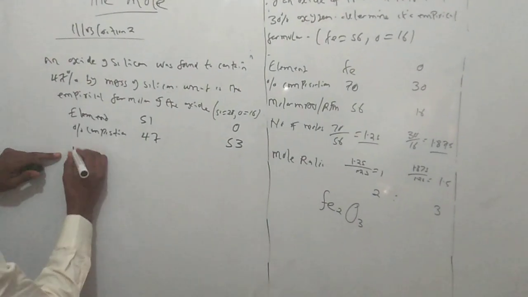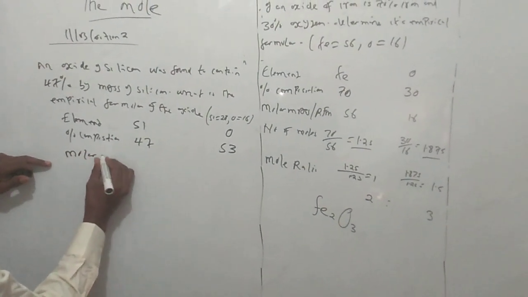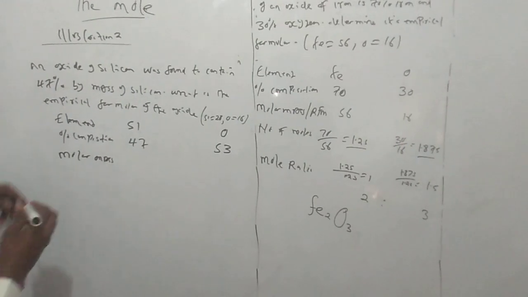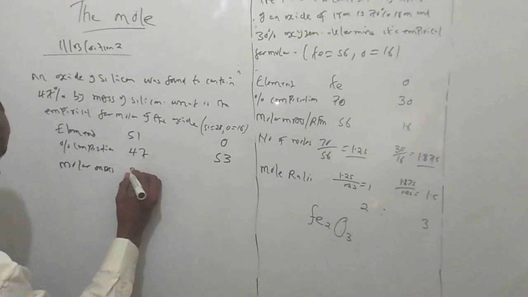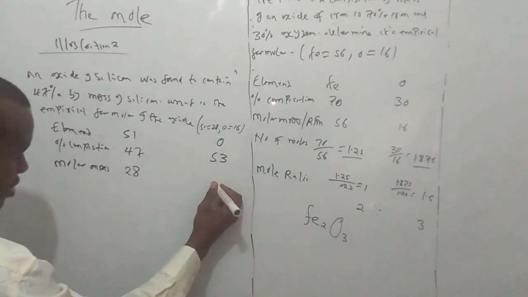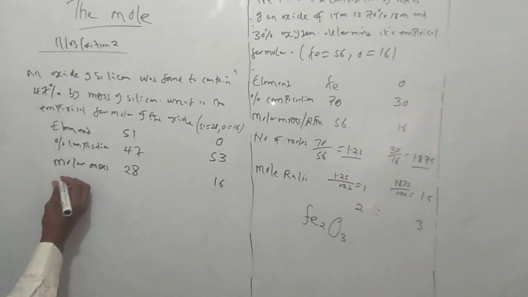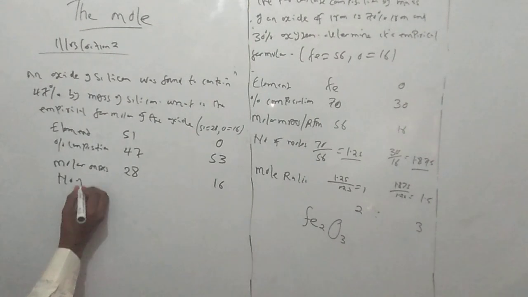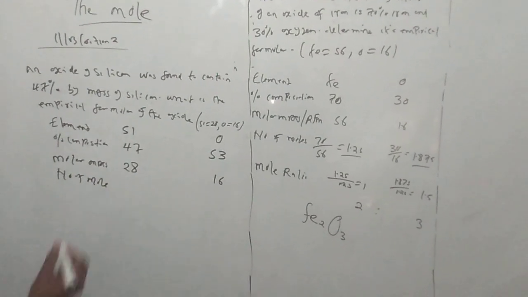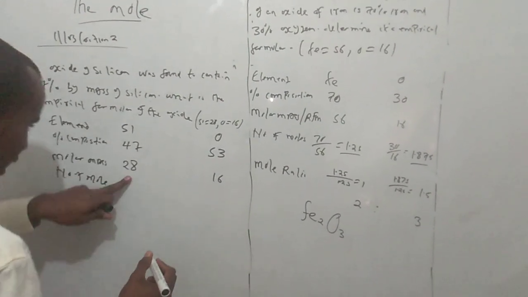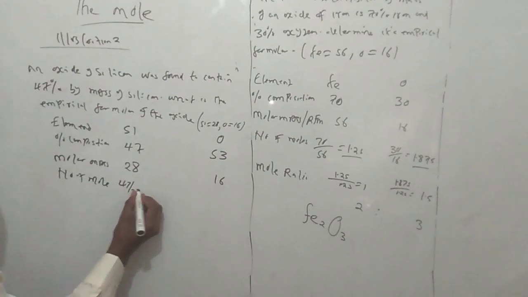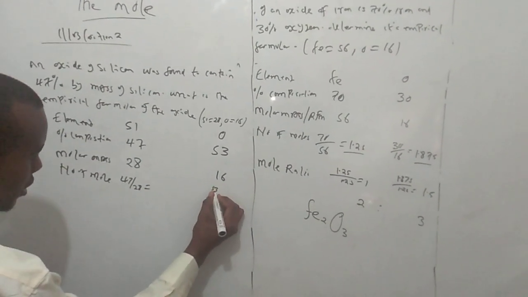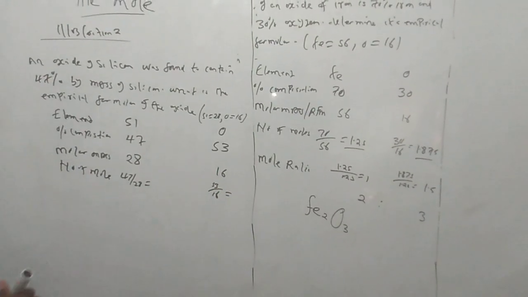Now we write the molar mass. Molar mass is given in the question. Si is 28, O is 16. Then we get the number of moles, by taking the mass over the RFM, or the molar mass. 47 by 28, 53 by 16.